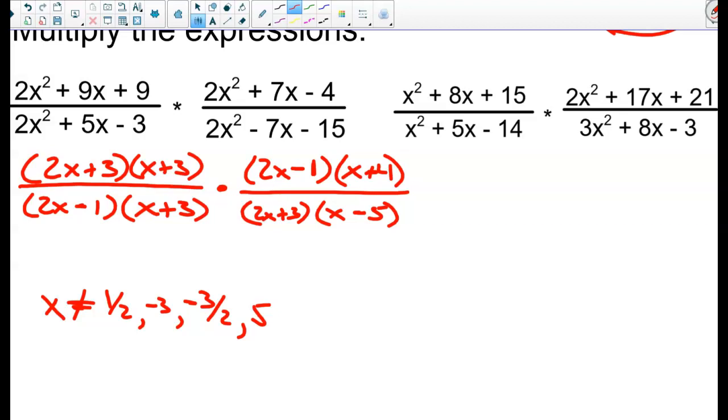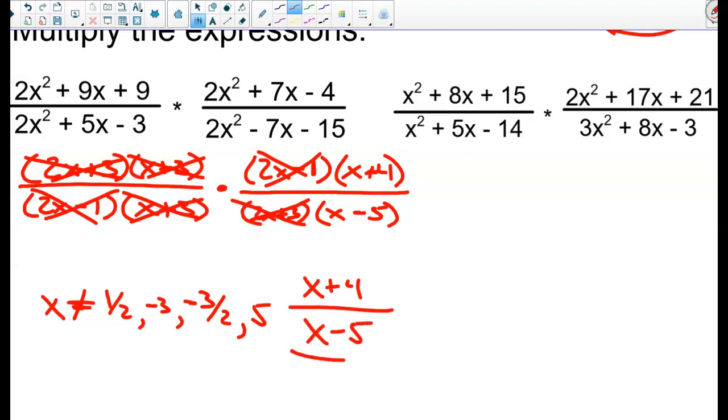Excuse me. Here, the x plus 3 vertically goes away. Diagonally, the 2x plus 3 goes away, and the 2x minus 1 goes away. And we're left with x plus 4 over x minus 5, and that is our final answer.